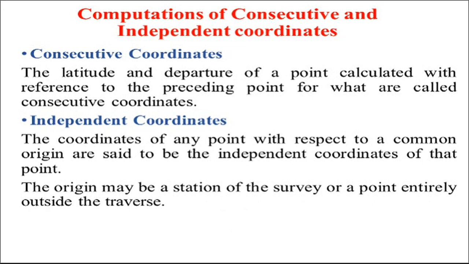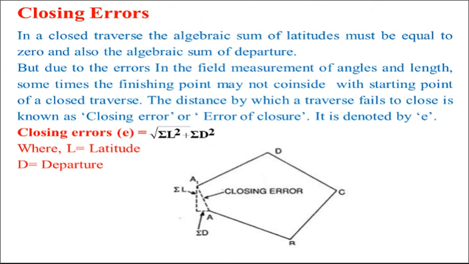Then next we are going to see closing error. In a closed traverse, the algebraic sum of latitudes must be equal to 0. Also, the algebraic sum of the departures should be 0.